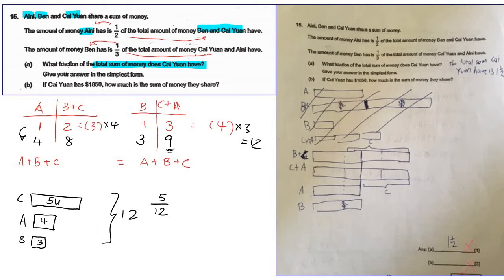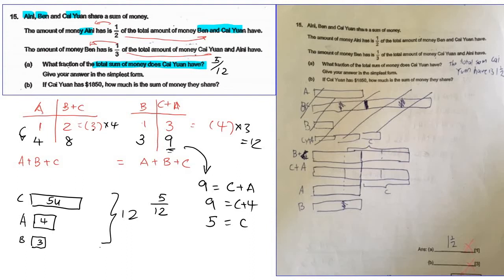Okay, because I already know that if A is 4, then Cai Ying must be 5. So this 5 units is here. Okay, this is number 1.